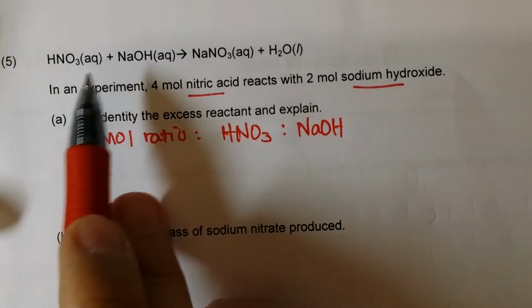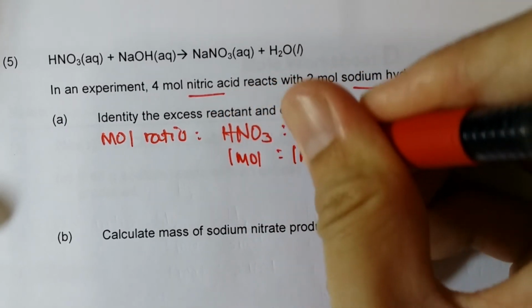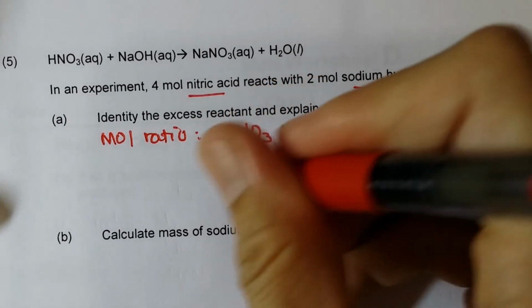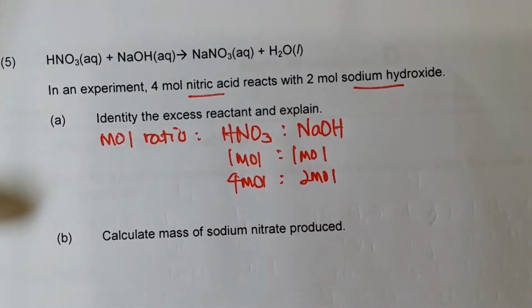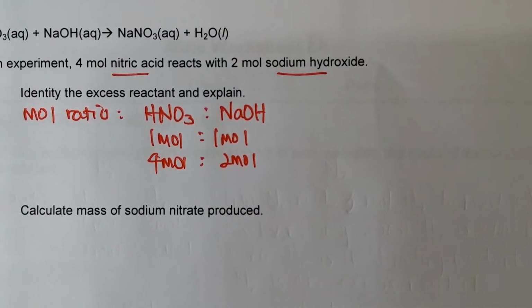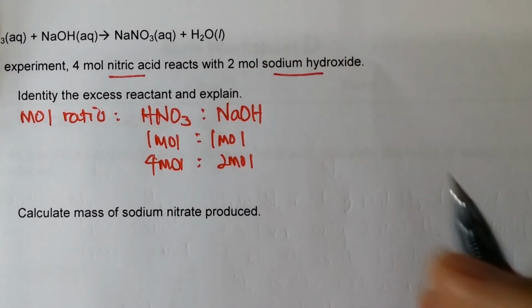So the mole ratio according to the chemical equation, 1 mole, 1 mole. Now you have 4 mole, 2 mole. Okay, how do you explain? So which one is excess reactant?